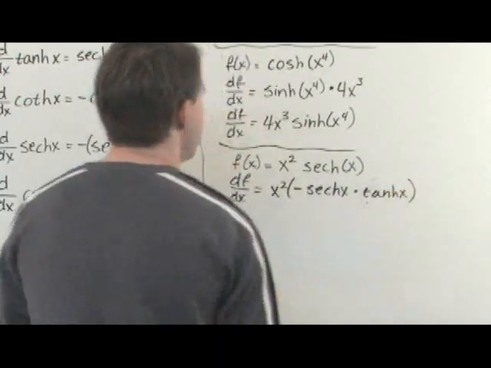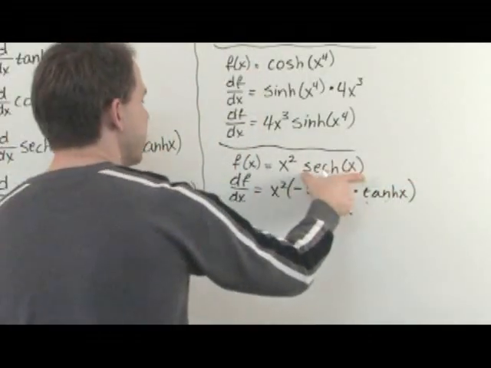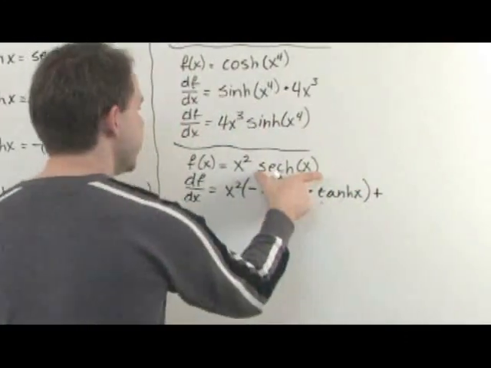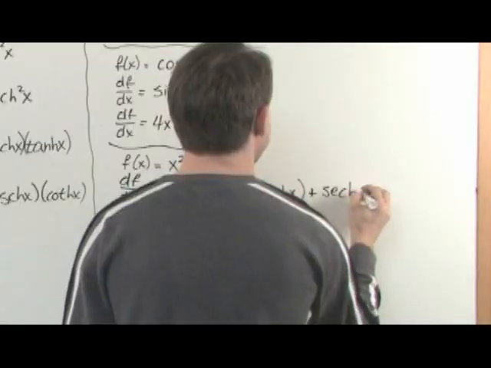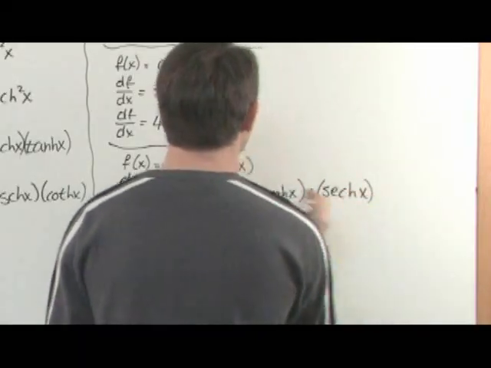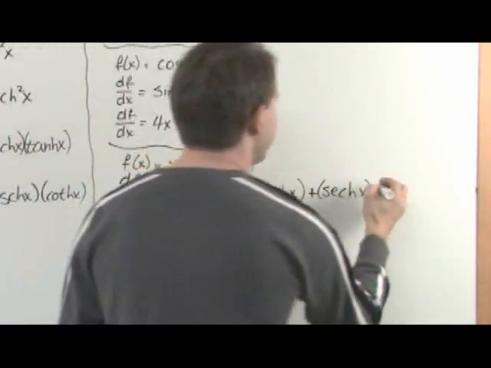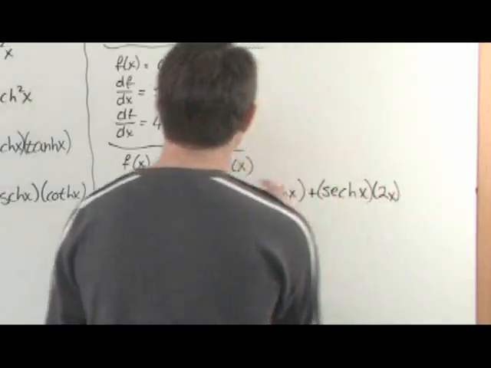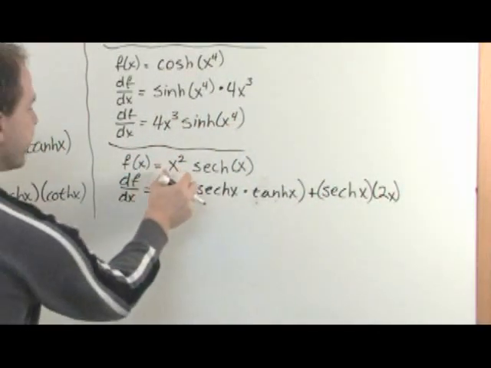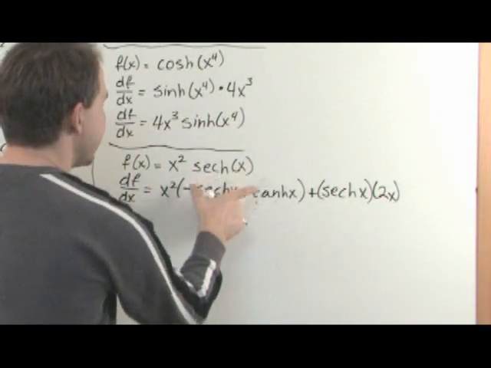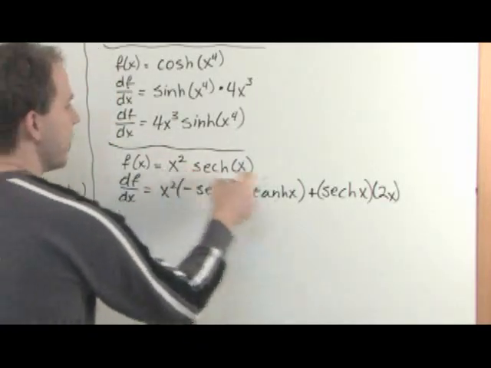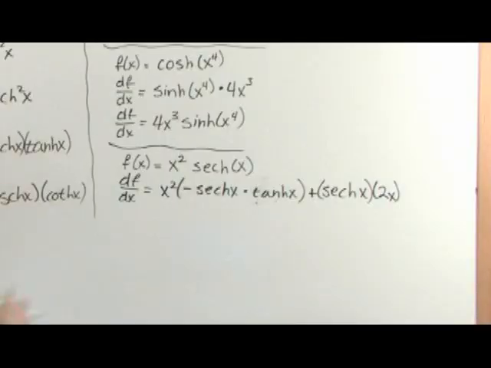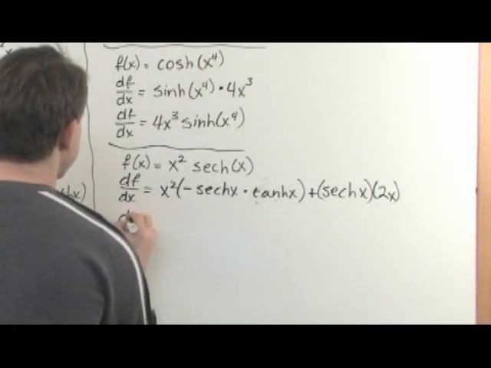Now, it's this times the derivative of this plus this times the derivative of this. So we just write hyperbolic secant of x times the derivative of the first function, which is just 2x, because the derivative of x squared is 2x. So you see, it's the first quantity times the derivative of the second, which we found from the table, plus the second quantity times the derivative of the first. And now all you have to do is simplify it, and that's the answer.